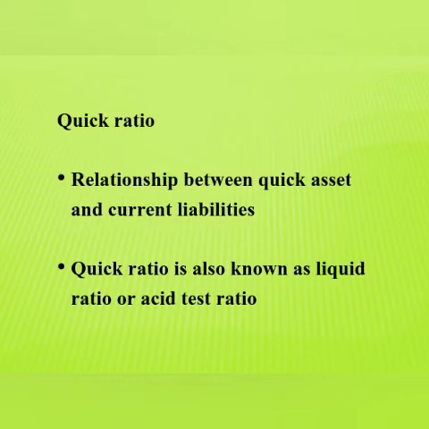Second one, quick ratio. Quick ratio, also known as acid test or liquid ratio. Quick ratio shows the relationship between quick assets and current liabilities. Quick assets are also known as liquid assets. Liquid assets means assets which are easily converted into cash within a short period without loss of value.